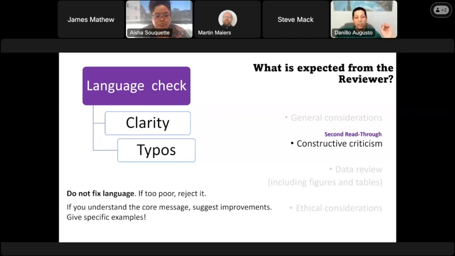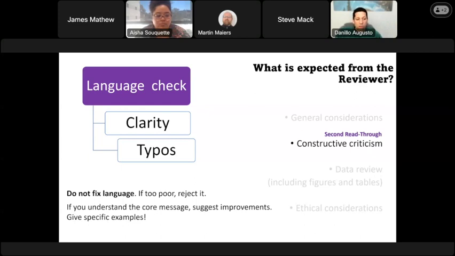You can give some specific examples, and examples are very good, because if you just say language is not great or there are some issues with language, if the authors knew that there were issues with language, maybe they already have fixed them before. So you don't need to fix the text, but you can just give an example. For example, you can say, oh, the grammar is not actually great.